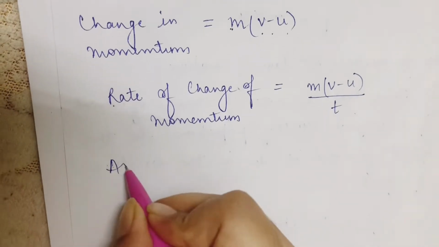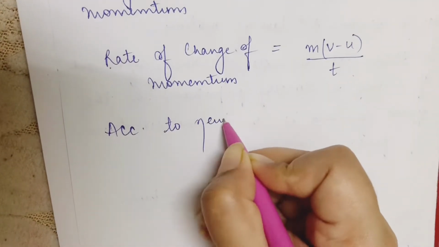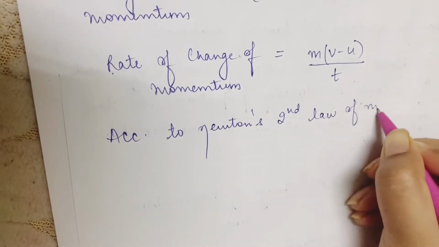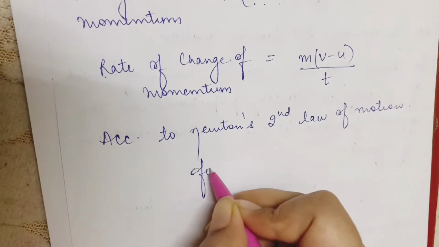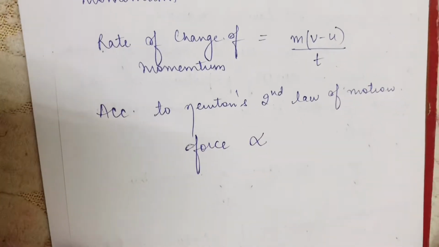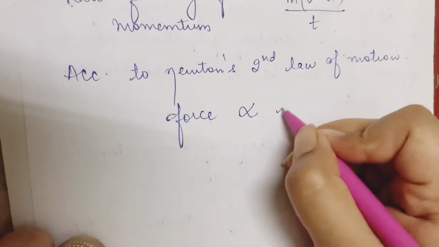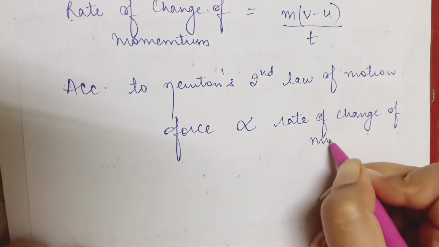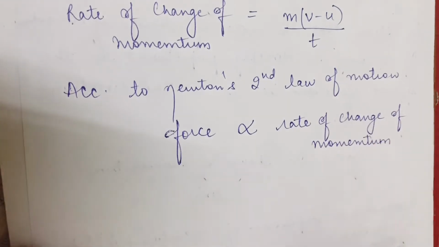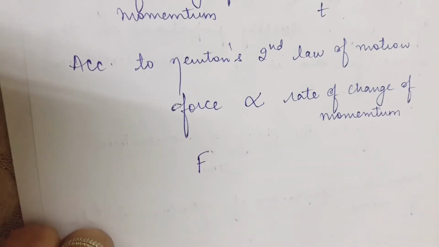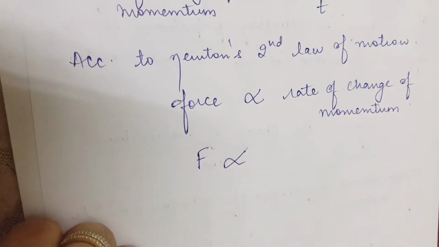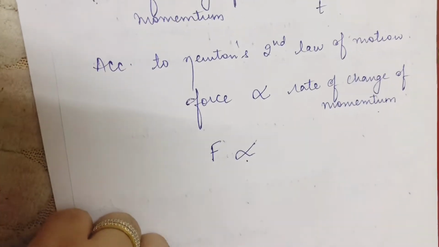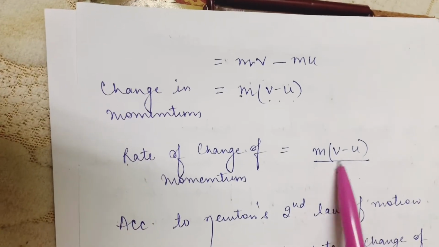Now, according to Newton's second law of motion, he stated that force is directly proportional to the rate of change of momentum. Can I substitute the values now? The symbol for force is F, directly proportional to the rate of change of momentum. This is the sign of direct proportionality. The rate of change of momentum, we have already calculated here. That is m(v minus u) upon t.